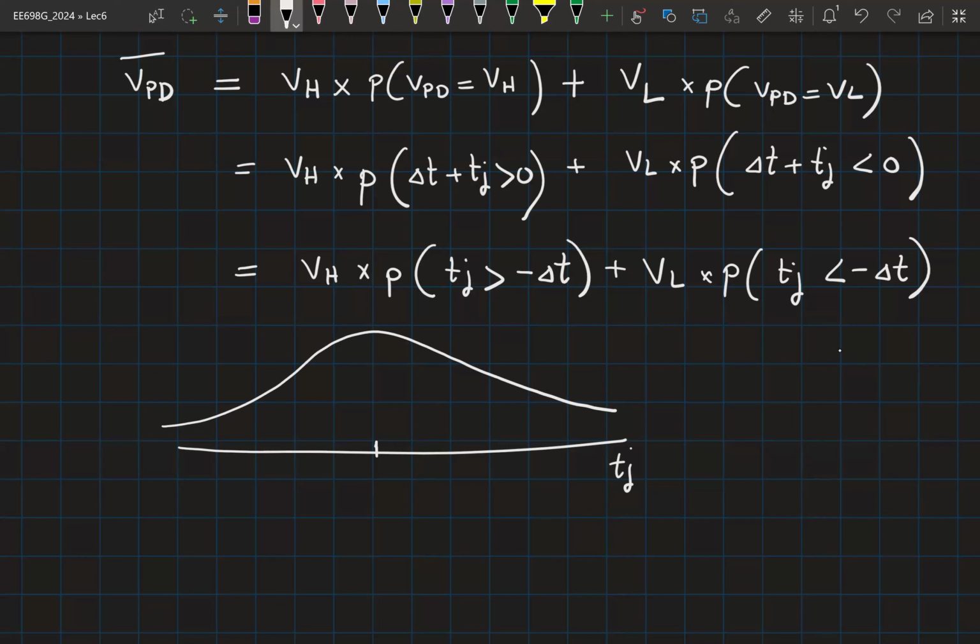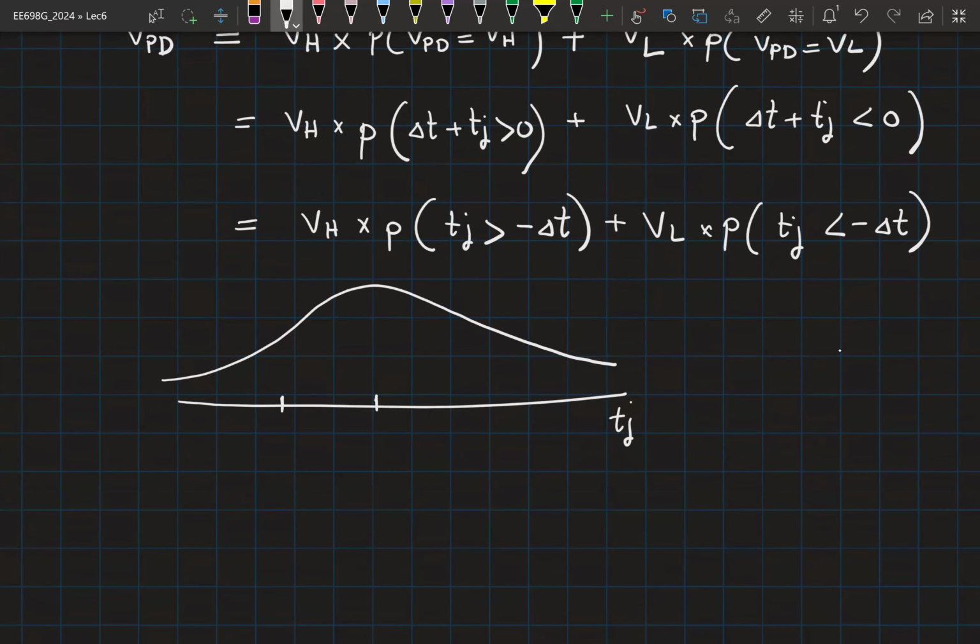Generally you would directly have a distribution of Tj, so you can either shift it using delta T plus Tj and then look for a result, or you rewrite it. So let's do this, and then you can ask your question at the end.